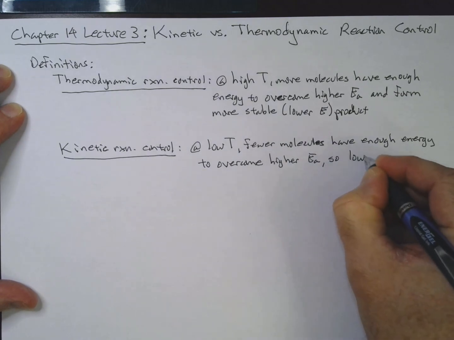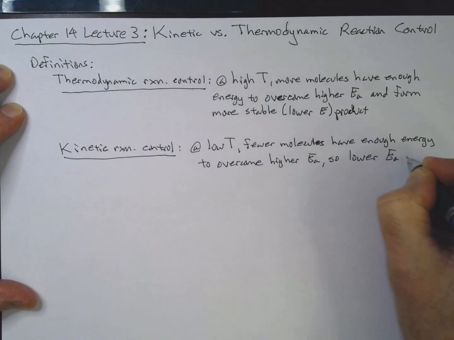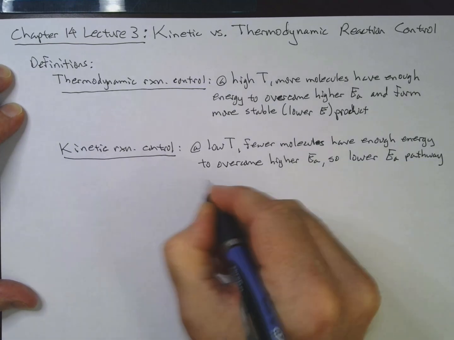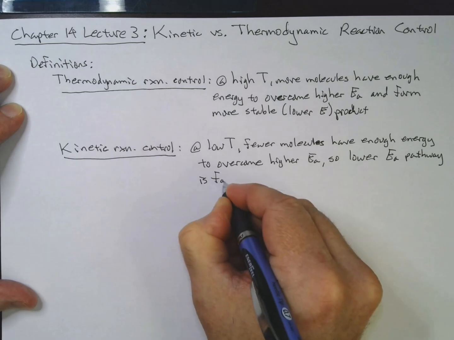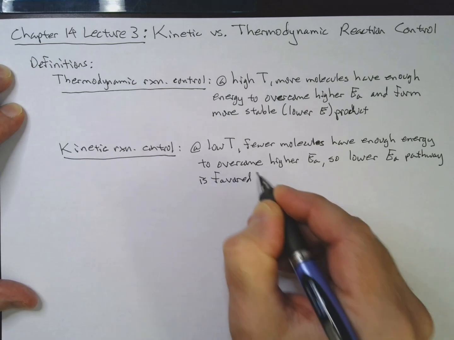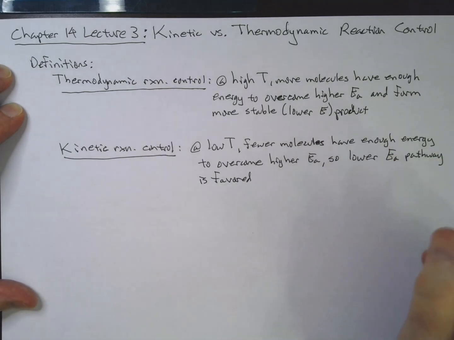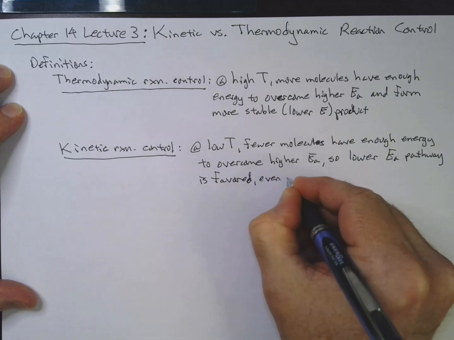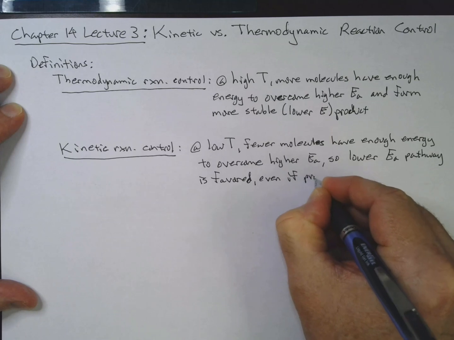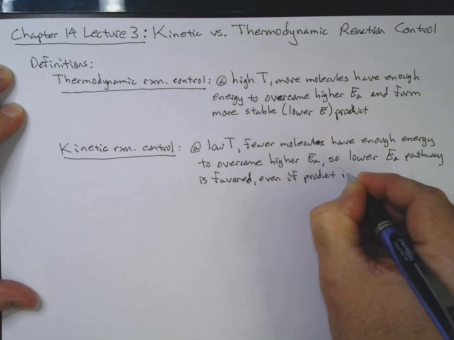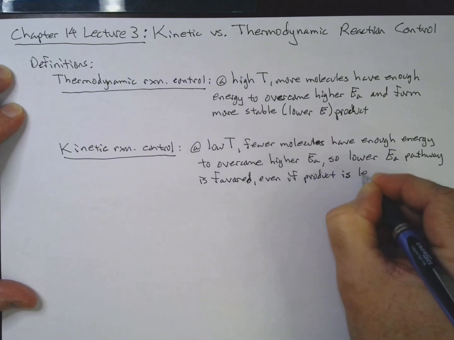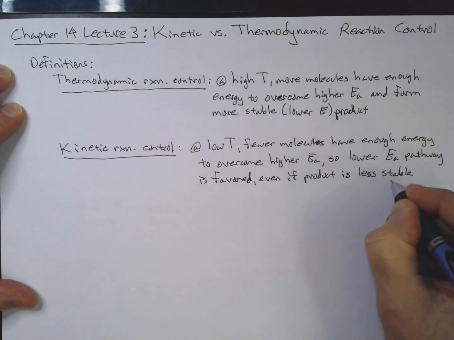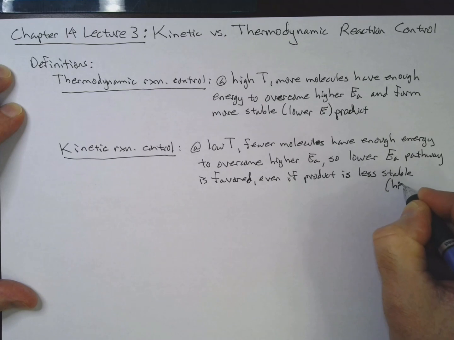So our lower activation energy pathway is going to be favored, even if the product is less stable. So that is higher energy.